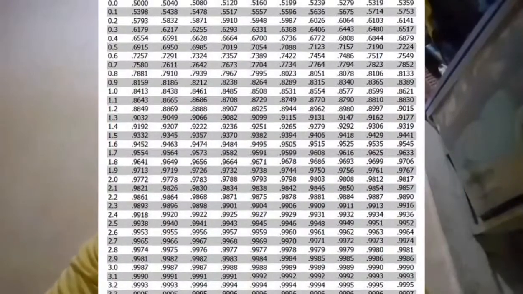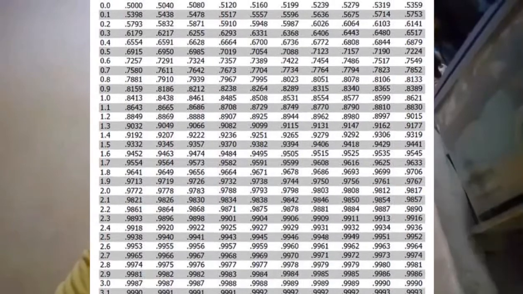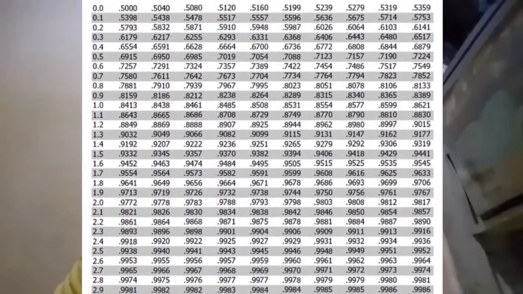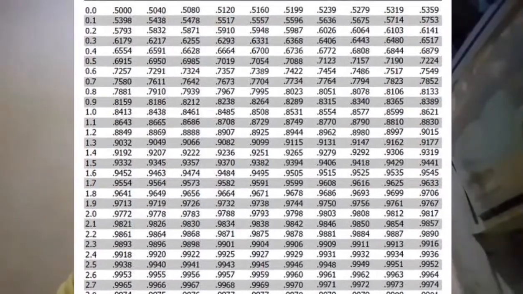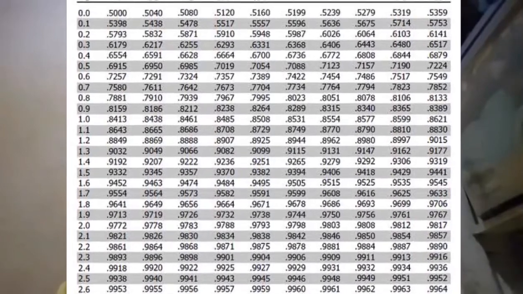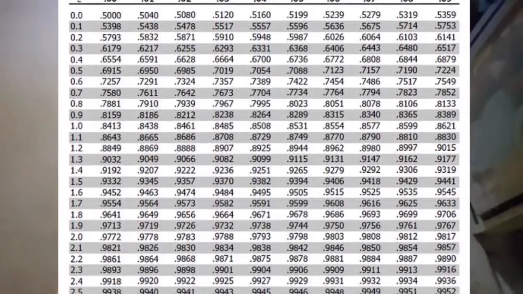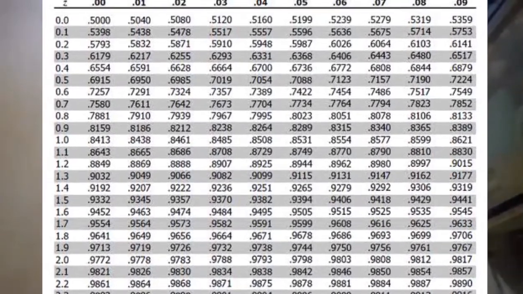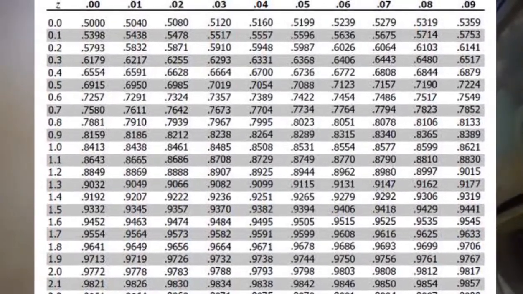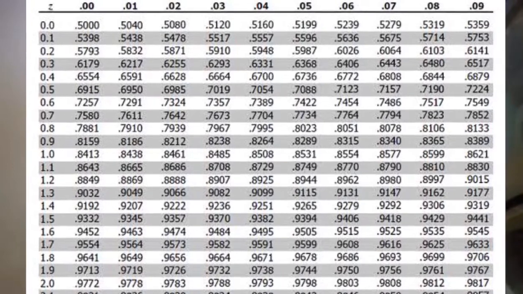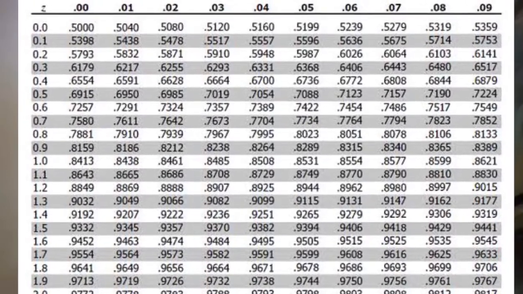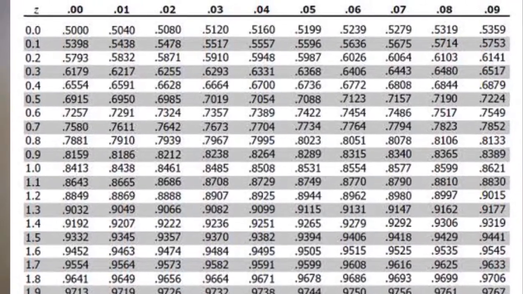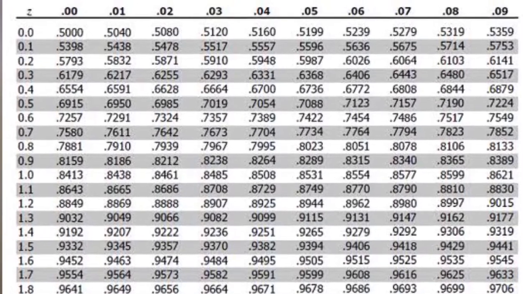So here is the solution. Look at the z table and find a value of 0.95. This means that 0.05 or 5% are above this, from the table. The value that is nearest to 0.95 is 0.9505, corresponding to 1.65, the intersection of 1.6 and 0.05.